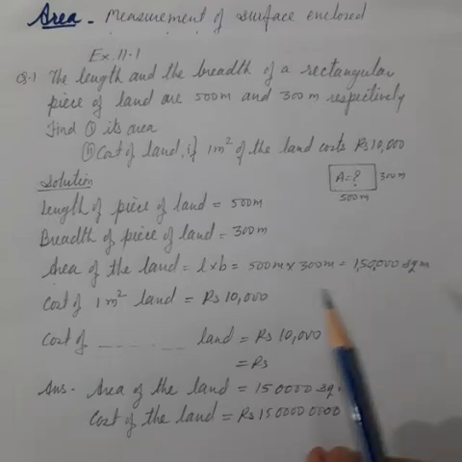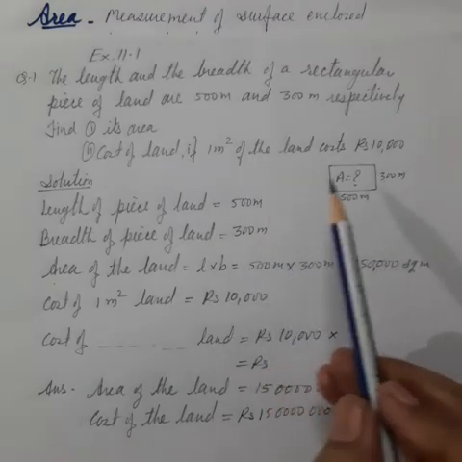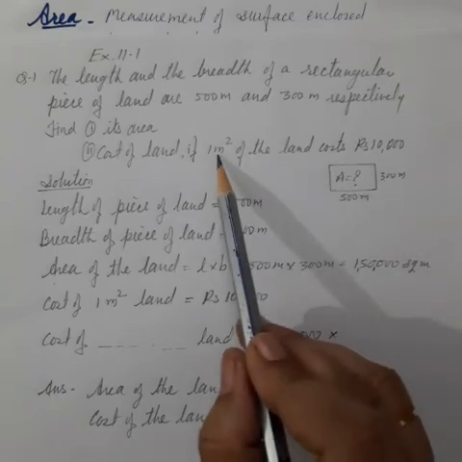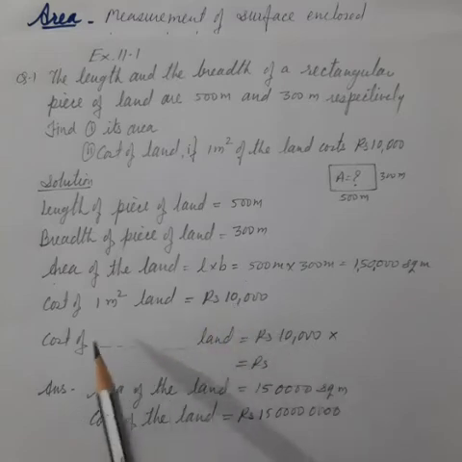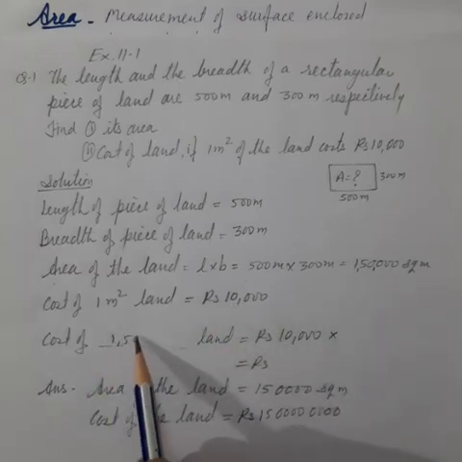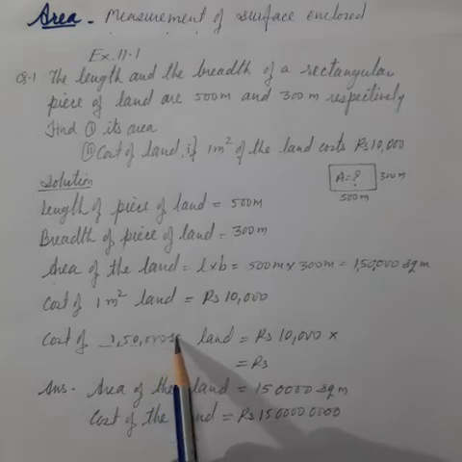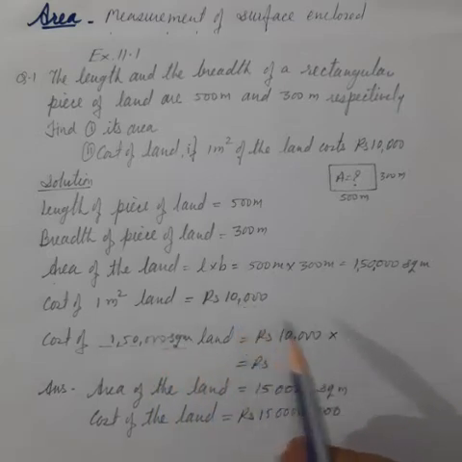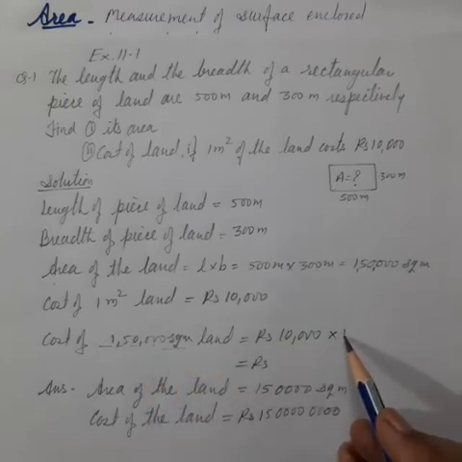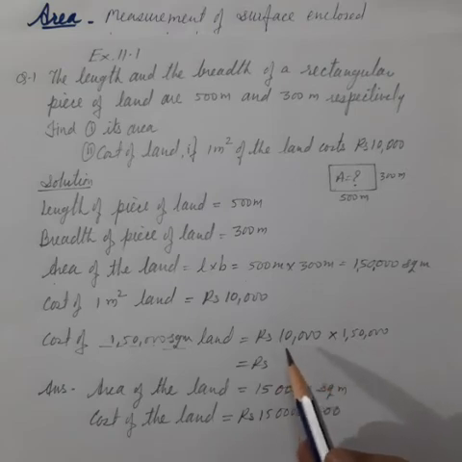Now we have to find the cost of the land, and the cost of 1 meter square of land is given, rupees 10,000. We have to find the cost of 1,50,000 square meter of land. So multiply this rate by 1,50,000 and we will get the cost.